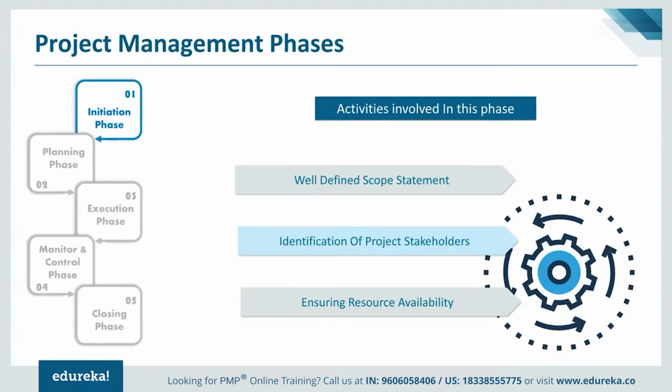As you can see on the screen, the first thing is, of course, a well-defined scope statement. As a part of the initiation phase, we need to first understand what I am supposed to be working on. So if you are working on a project wherein you are producing some IT product, and that IT product is, let's say, for digitizing the customer experience.